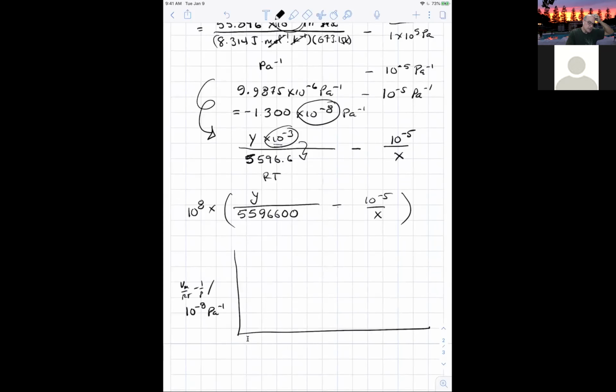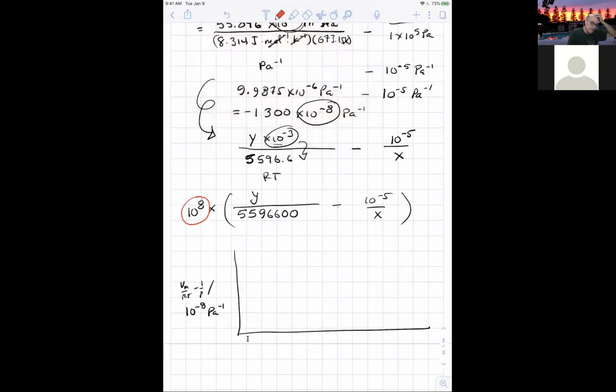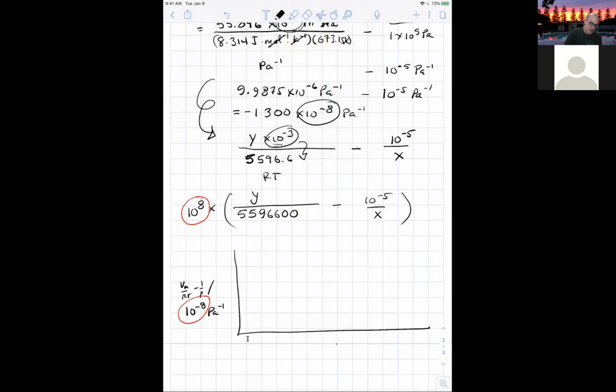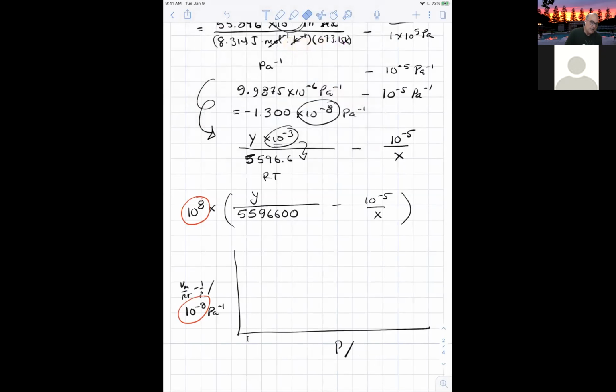When I put this in my calculation, it means I have to put a corresponding value there. But for the other thing, I'm going to leave the P the same. I'm going to end up plotting the P in 10 to the 5th pascals. I don't want to do anything with that.